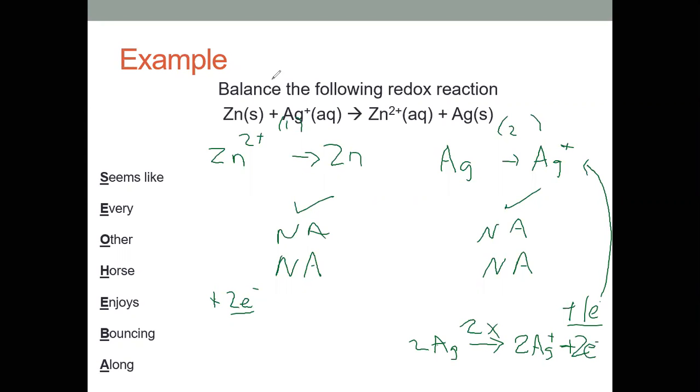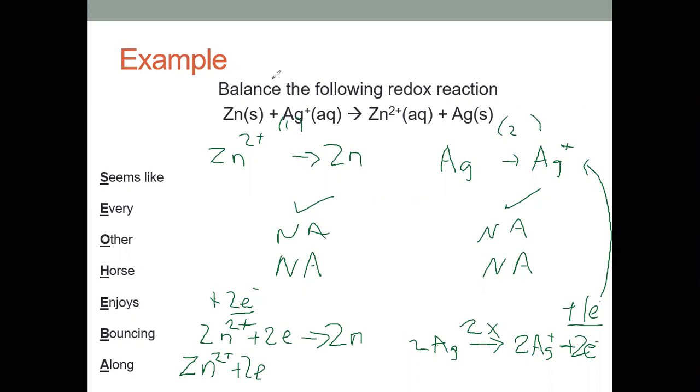Now the final step is to add these 2 reactions together. So I'm going to go ahead and bring this one down. Zinc 2 plus 2 electrons, going to zinc in the 0 state. Now let's add these 2 reactions together. We've got zinc 2 plus 2 electrons.